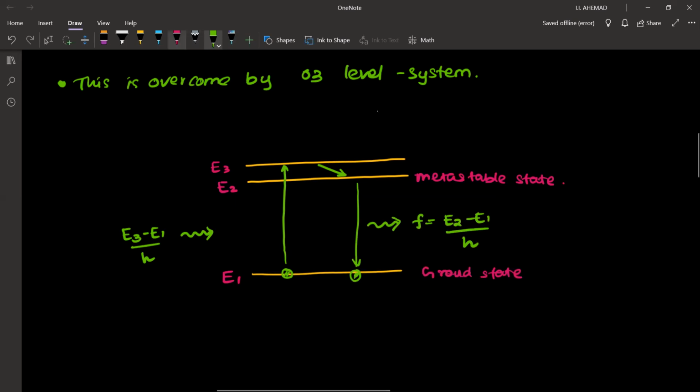We call this process pumping. And this is spontaneous, and this is stimulated.